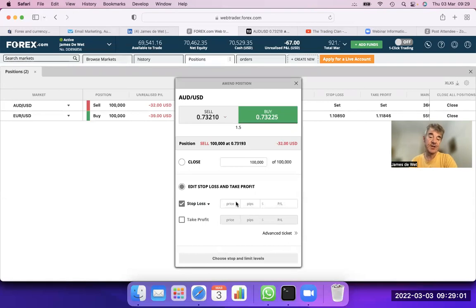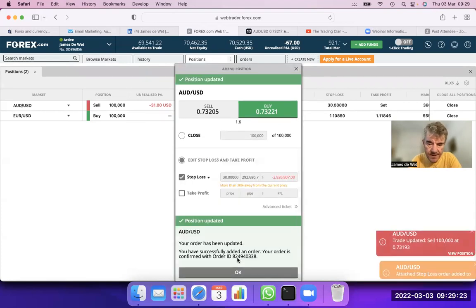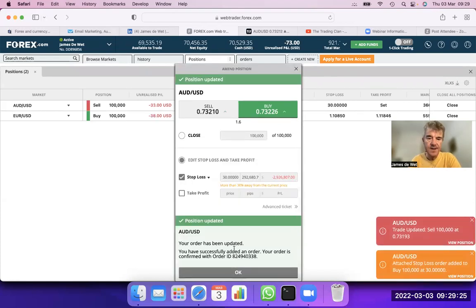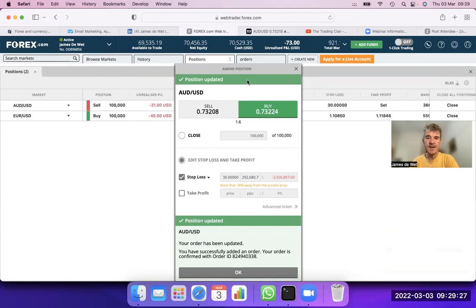And so I don't know precisely what price the stop loss should be at, because there's not much above us to give us any indication of a resistance area. So what I'm going to do is just put in 30 pips. That's about, I don't know, about 0.4% of the account, and update that. More than 30 pips away.